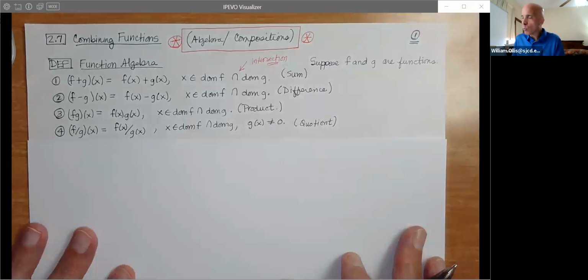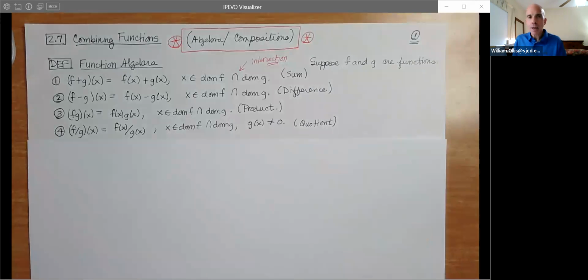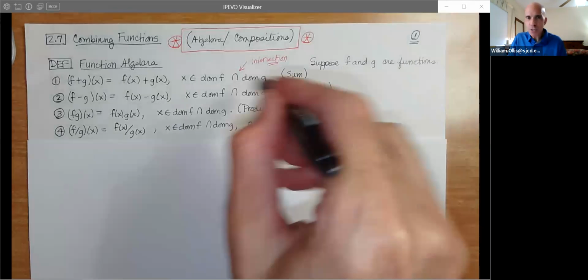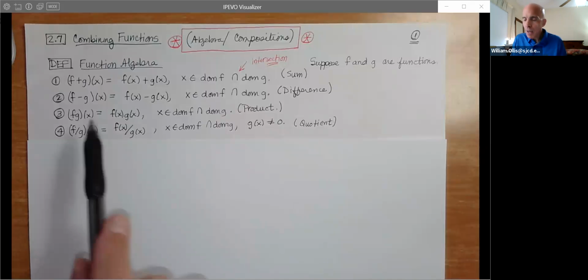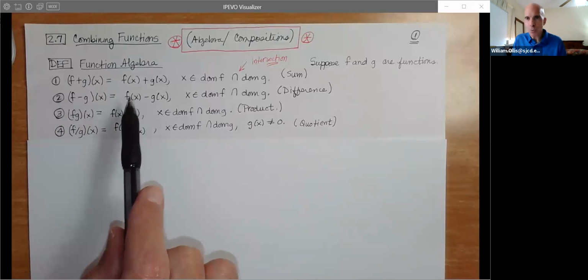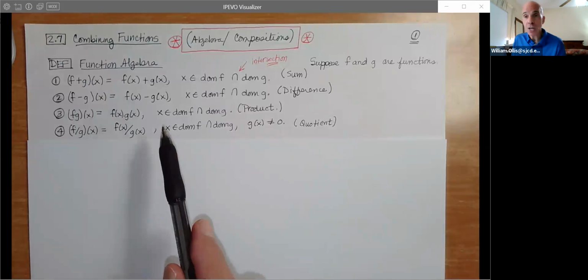Okay, so when we look at this, you're saying, well, you're writing all this stuff over here to the right, do you have to do that? And the answer is no, because really we know that. But what I've tried to do in this definition is to emphasize what should be apparent to us. So I've entitled this function algebra, and you did all of this in college algebra.